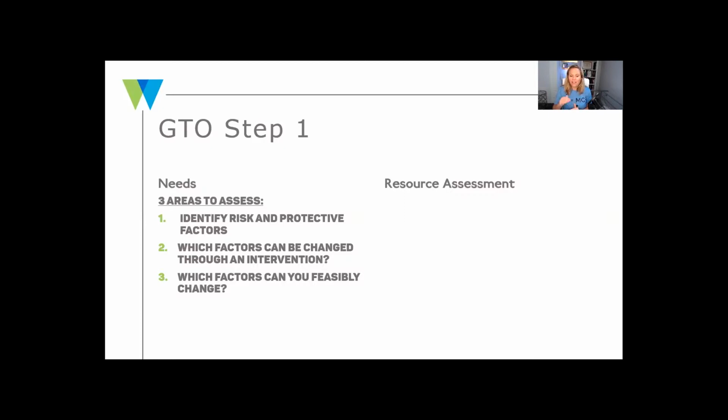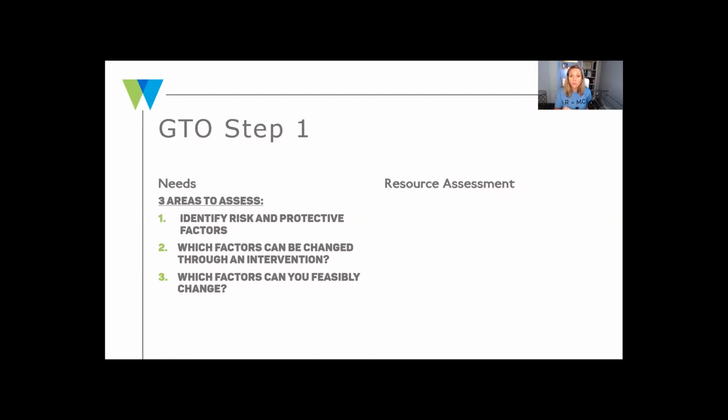I got a little twisted with my language, so I'm just going to repeat these so that I'm clear. The 3 areas to assess are identifying risk and protective factors. From those risk and protective factors, the things that worsen the problem and the things that protect against the problem, choose those or understand those that can feasibly be changed.